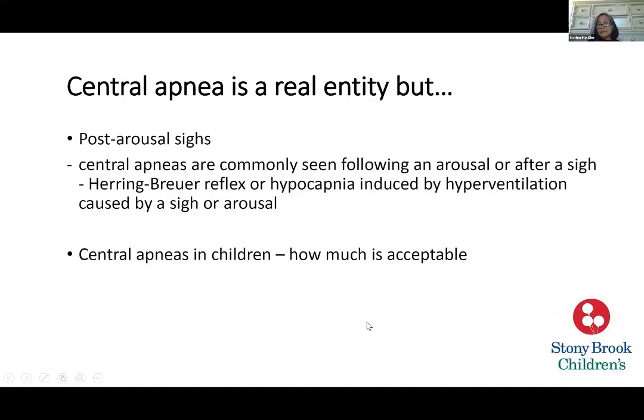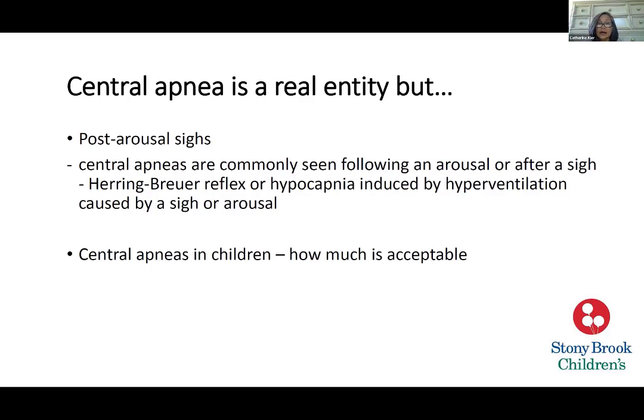Now, central apneas, of course, are separate from our discussion of the obstructive sleep apnea syndrome, but central apneas are a real entity. And in the obstructive sleep apnea world, we have to be careful that there are a good number of post-arousal sighs. So they are central apneas, but they are commonly seen following an arousal, and this is because of the Hering-Breuer reflex.